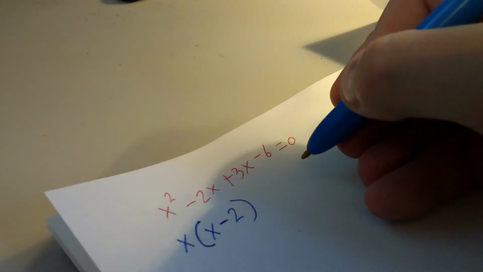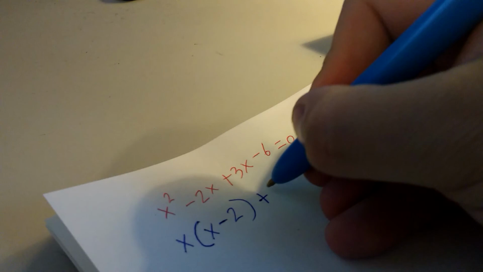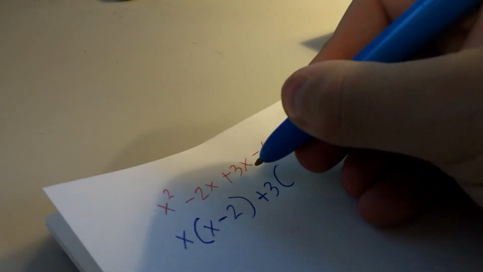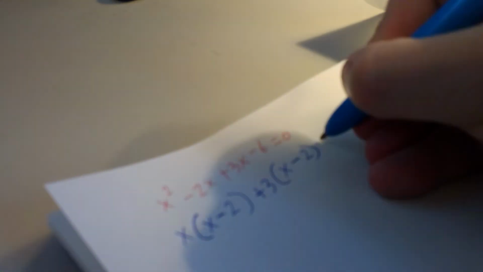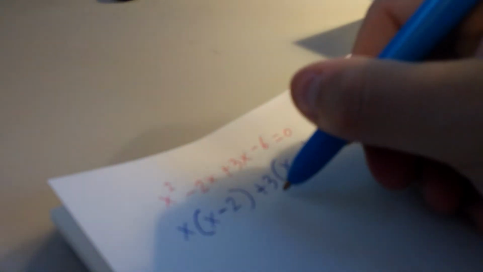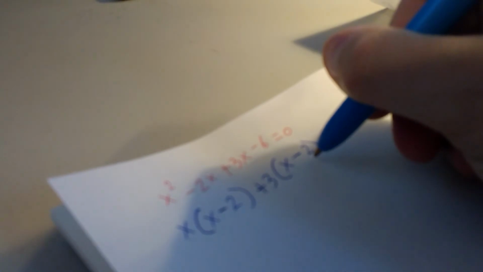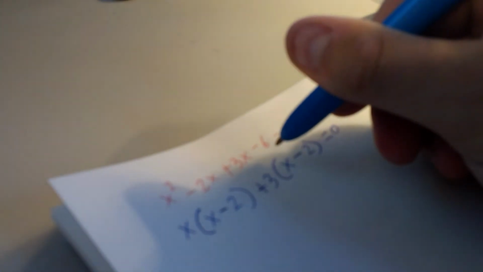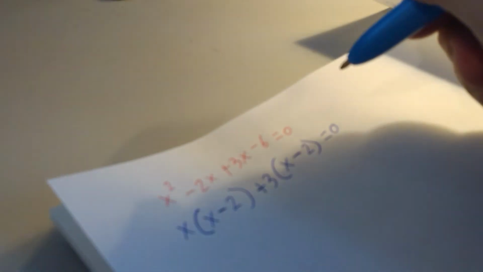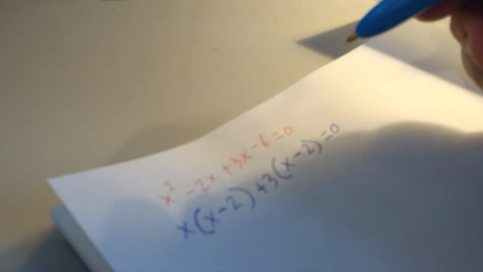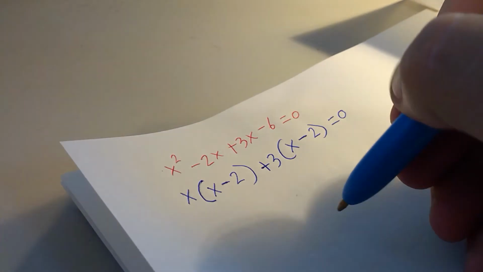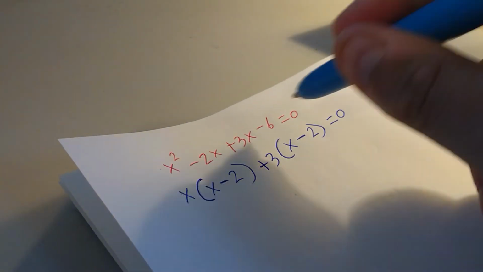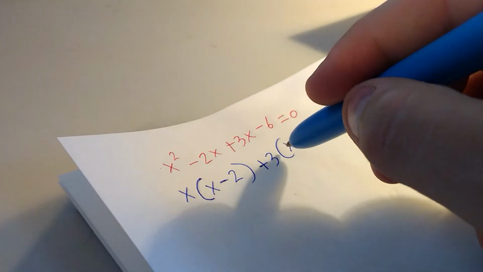Then similarly on the other side, we have plus 3 times x minus 2, because plus 3 multiplied by minus 2 gives us minus 6, which is what we have in the line above. So now that we have our equation rewritten in this form, we can see that this top line can be rewritten as this.